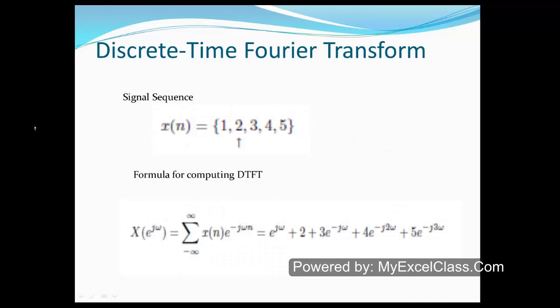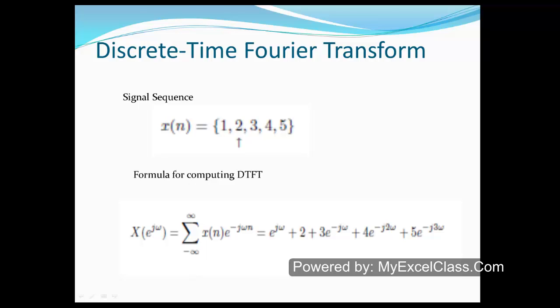So this is an example of how to compute the discrete time Fourier transform. Since the exponential e to the power j omega is a complex value, we will have to plot its magnitude and its angle, or the real and imaginary parts, with respect to omega separately, to visually describe X of e to the j omega.